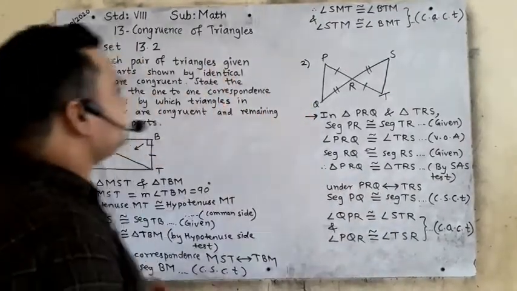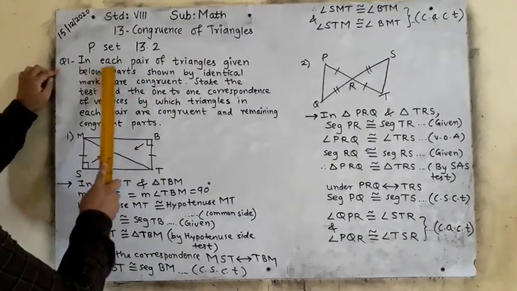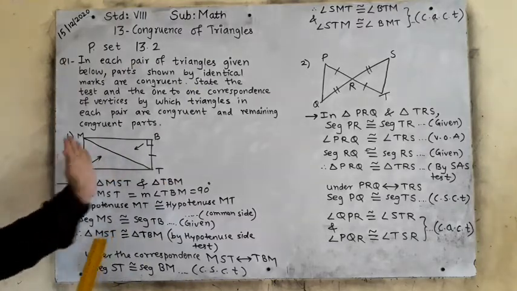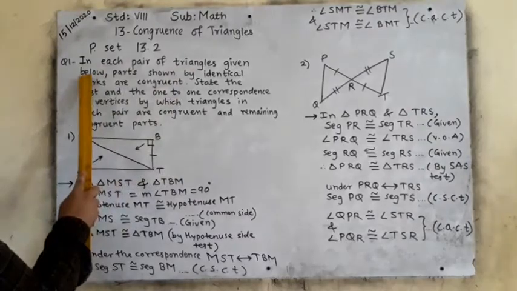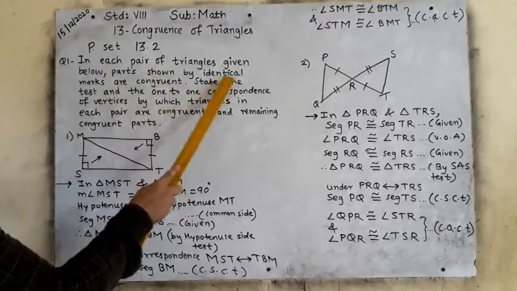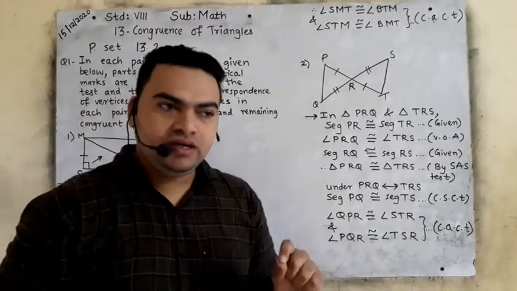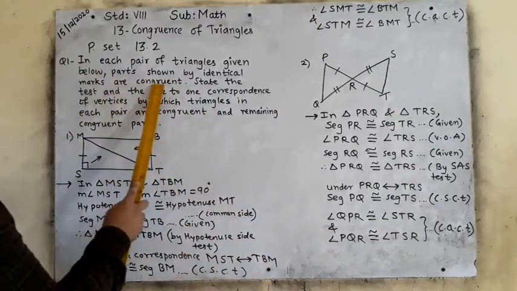So please start practice set 13.2, question number 1. In each pair of triangles given below, parts shown by identical marks are congruent.